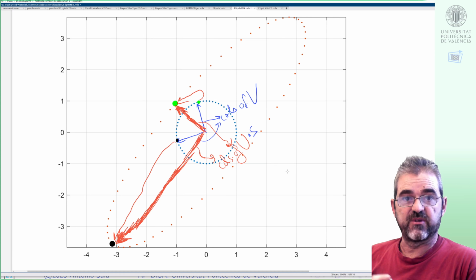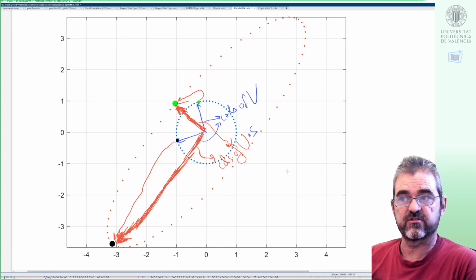So the interpretation of that is that V are the input directions associated to the minimum gain, minimum half axis, and maximum gain, maximum half axis. And the columns of U are the output directions, telling me the directions of those half axes, and S, the singular values, tell me the length of that half axis.